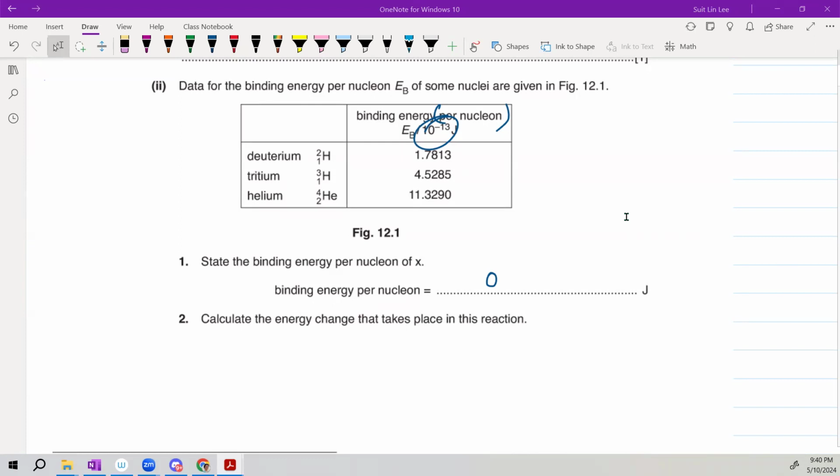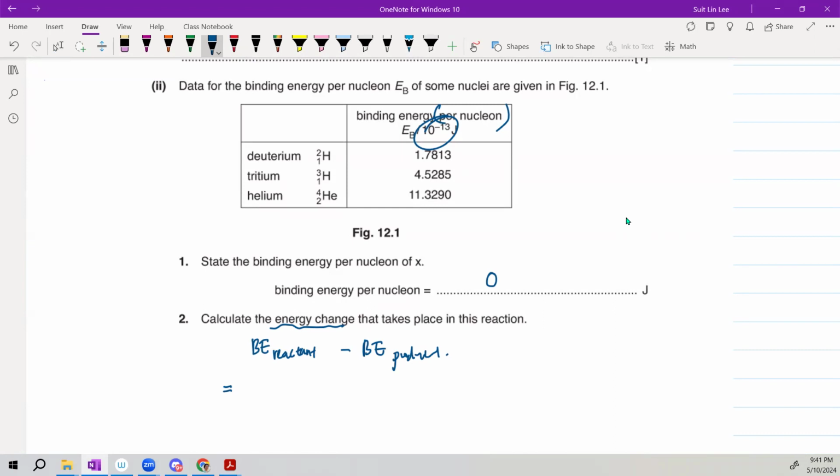0. Calculate the energy change that takes place in this reaction. Another way of saying that this is energy released. So we can take the binding energy of the product, subtract the binding energy of the reactant. Binding energy of the reactant.